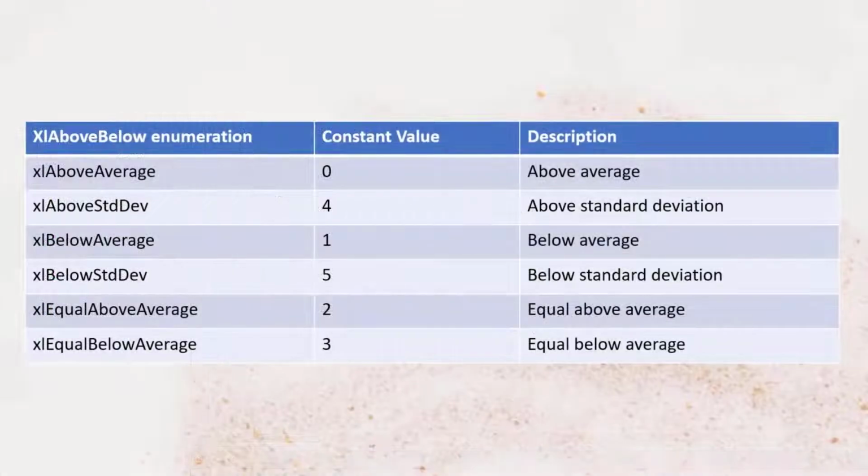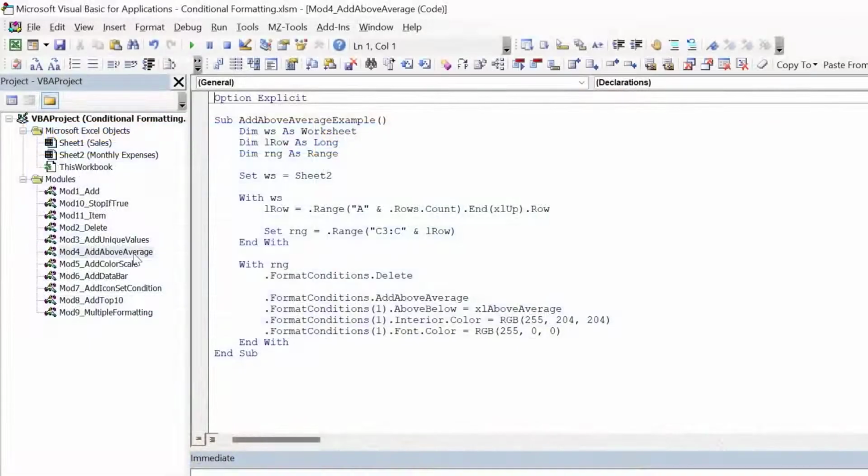The XlAboveBelow enumeration has these constants: xlAboveAverage, xlAboveStdDev, xlBelowAverage, and so on. Here I am using xlAboveAverage because I will highlight any value in my entire expenses which is above the average. These two remain unchanged.